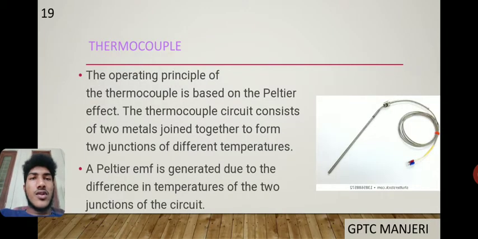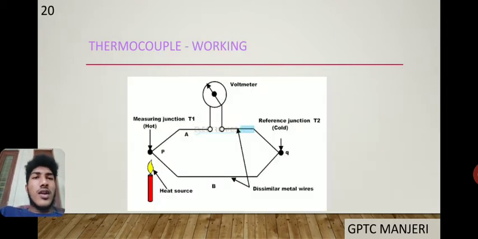First, we are going to discuss the thermocouple. The operating principle of the thermocouple is based on the Seebeck effect. This is the working diagram of a thermocouple. There are two types of metals joined together, forming junctions at two different temperatures.